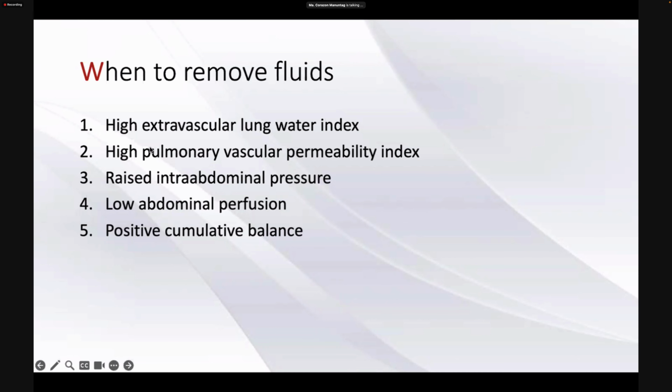De-resuscitate. So, your high extravascular lung water index, high pulmonary vascular permeability index, tumataas na yung abdominal pressure mo kasi tigas-tigas na ng tiyan mo, kaka-resuscitate. Low abdominal perfusion, meaning nagkakaproblema ka na, pumapangit ulit yung base deficit mo kahit na maganda na yung hydration status mo clinically, your positive cumulative balance.